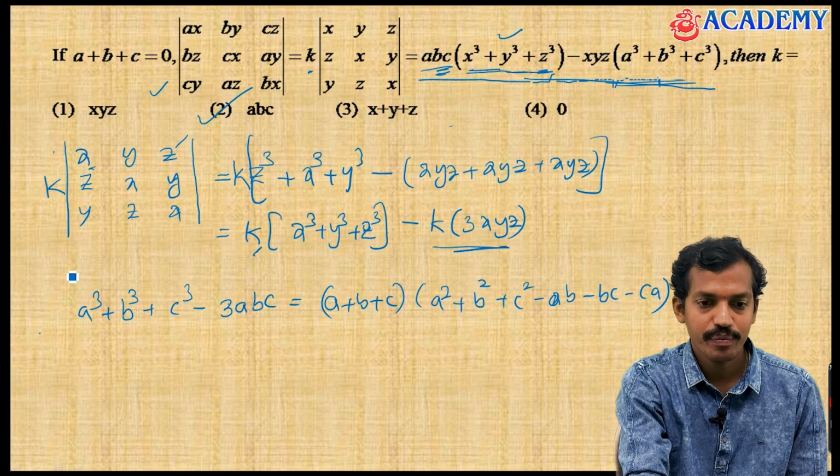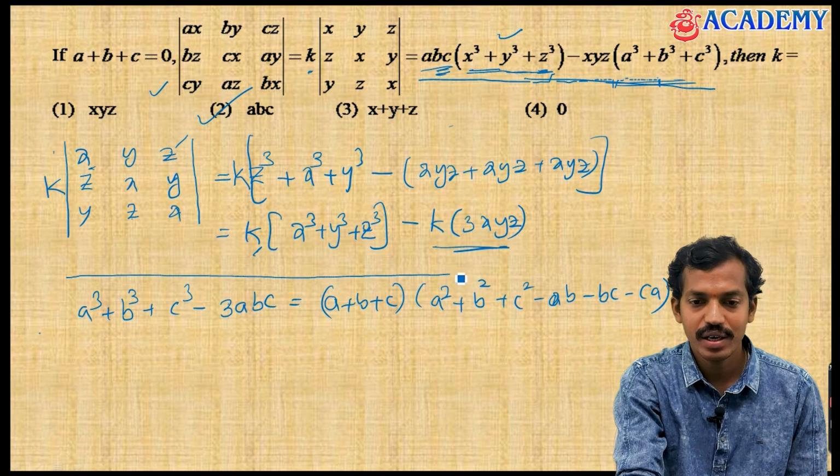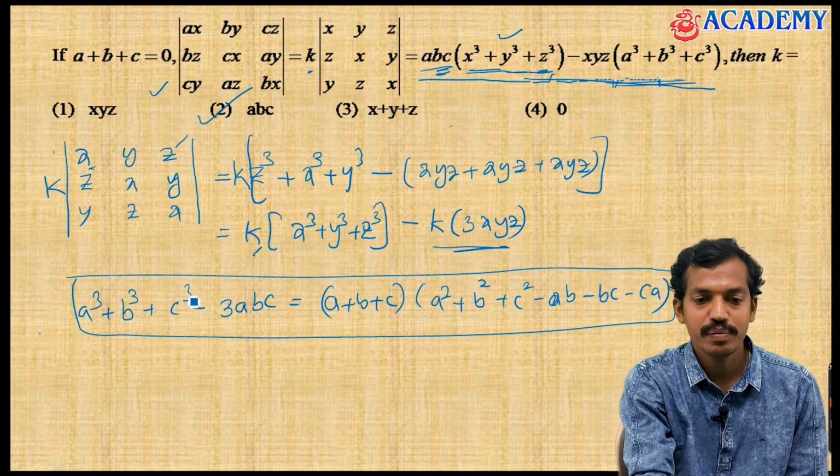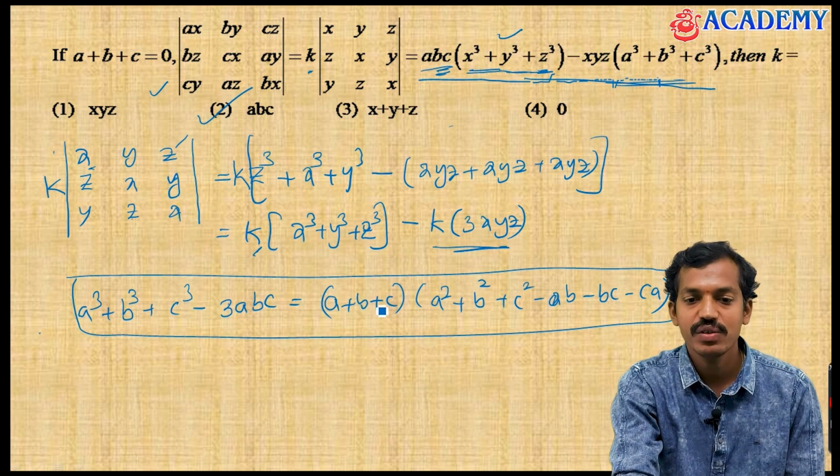This is the formula. With this formula he modified the above equation, that is a cube plus b cube plus c cube minus 3abc equal to a plus b plus c into that factor.